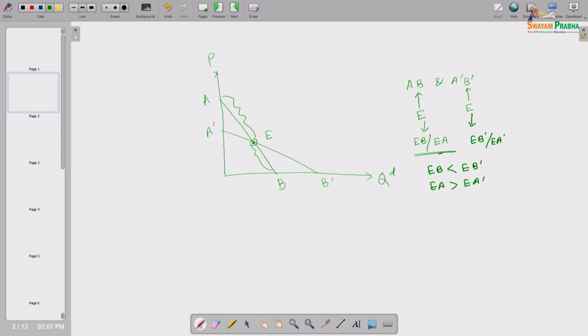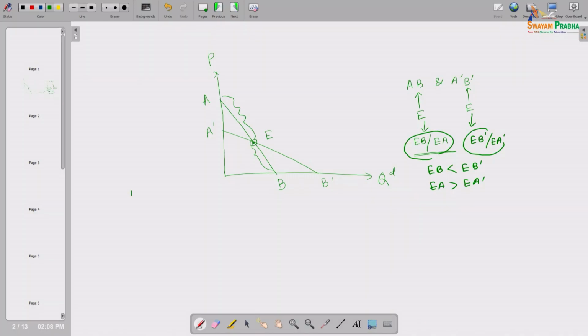So definitely the first ratio is lower than the second, because the numerator is smaller and the denominator is larger. So, we get an impression that if we have two demand curves, one relatively flatter and another relatively steeper, along the relatively flatter demand curve the price elasticity of demand is relatively larger than along the relatively steeper demand curve. Using this diagram, it is clear.